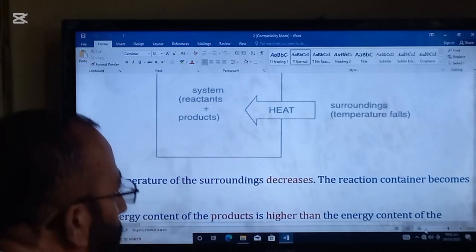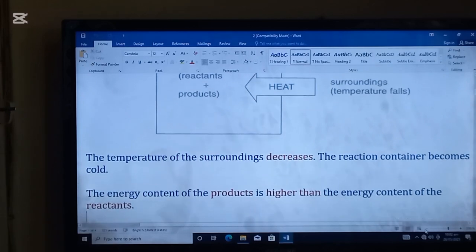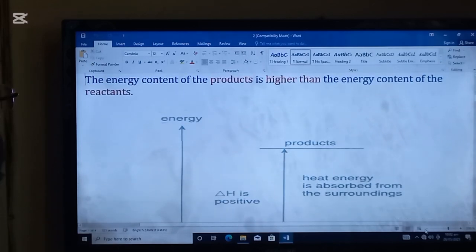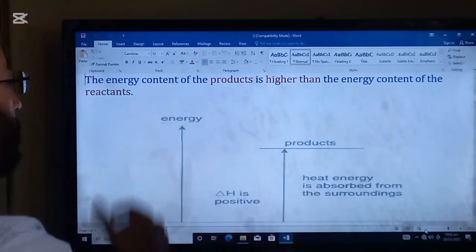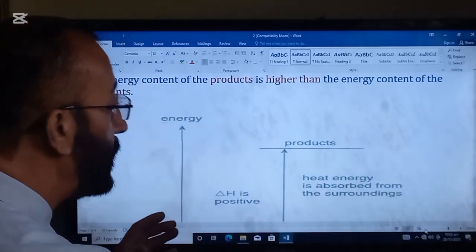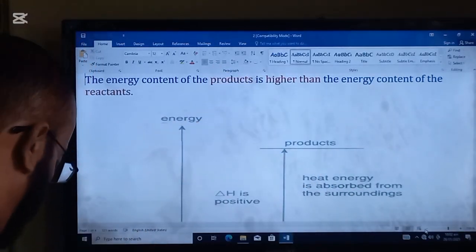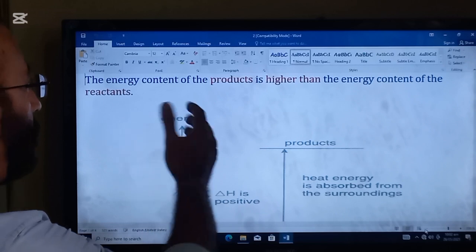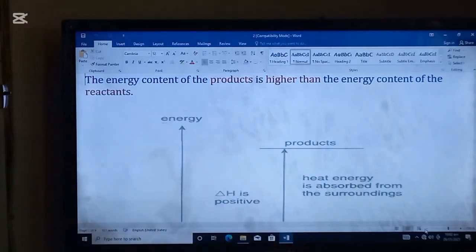The reaction container becomes cold. The energy content of the products is higher than the energy content of the reactants because heat is taken in from the surroundings to the system. That's why the energy content of the products will be higher than that of the reactants.